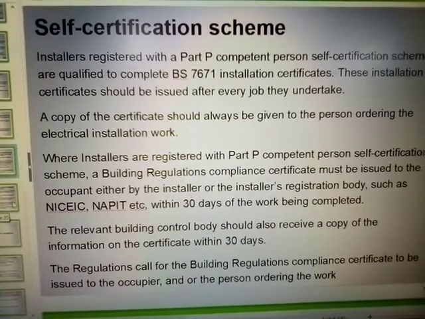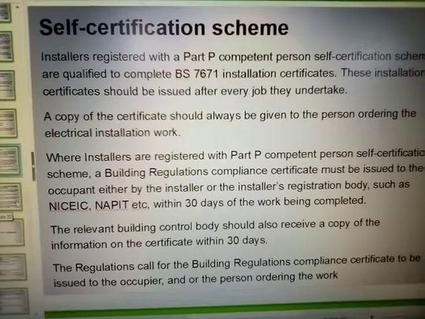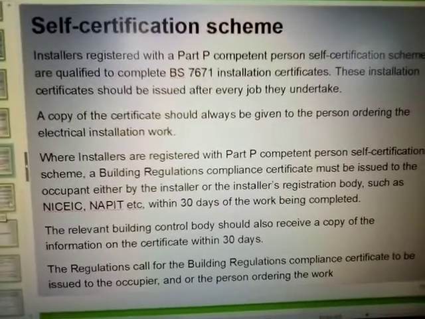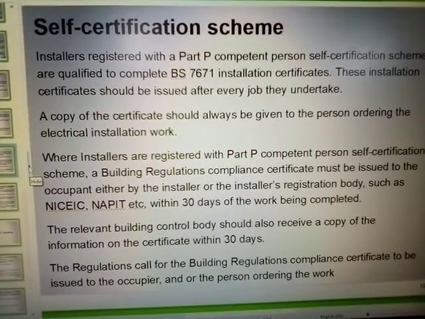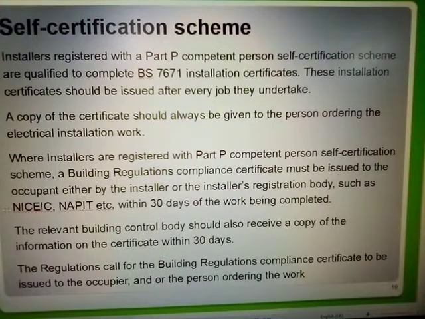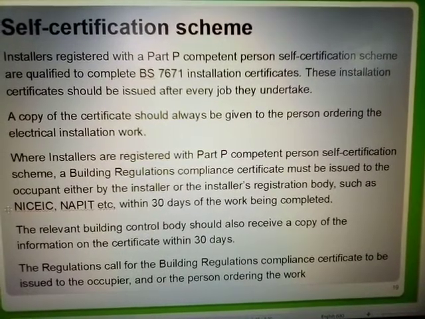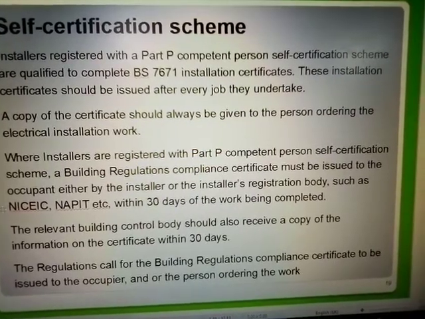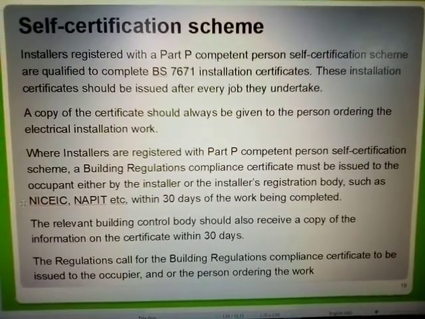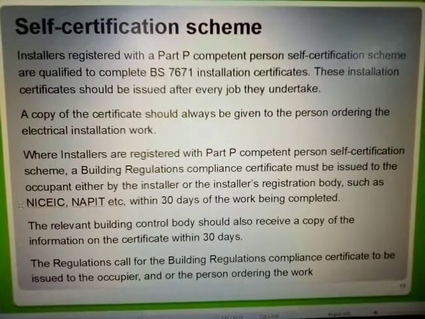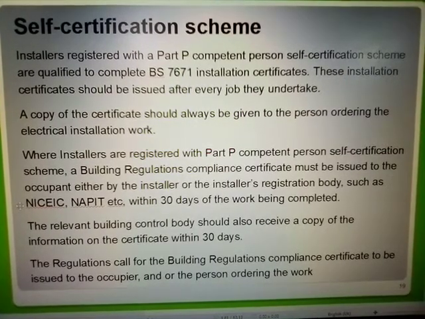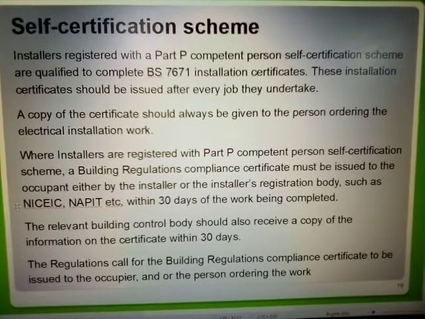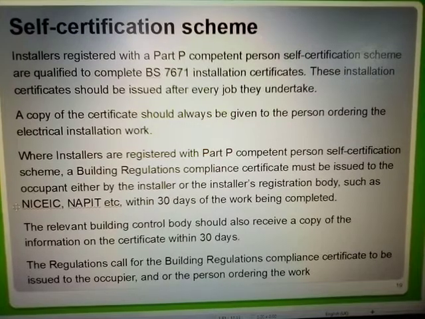Now, installers registered with a Part P competent person scheme. Let me expand that a little bit. Installers registered with a Part P competent person self-certification scheme are qualified to complete BS 7671 installation certificates. These installation certificates should be issued after every job they undertake.